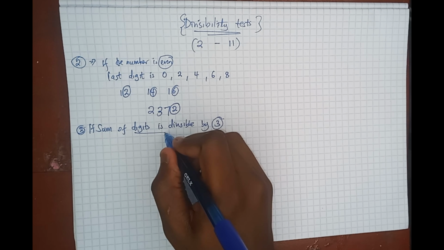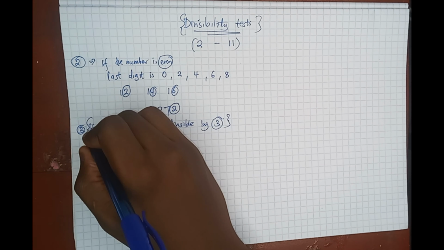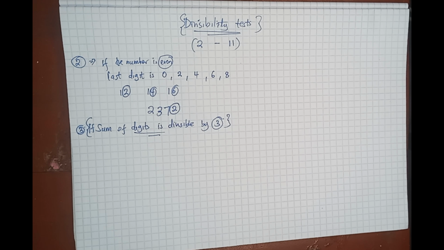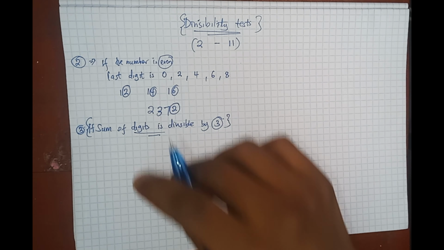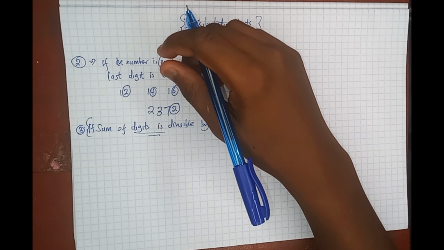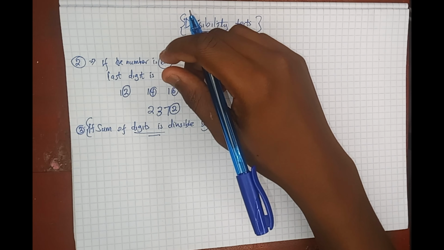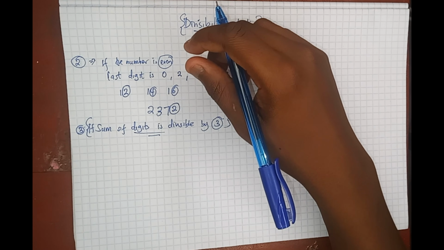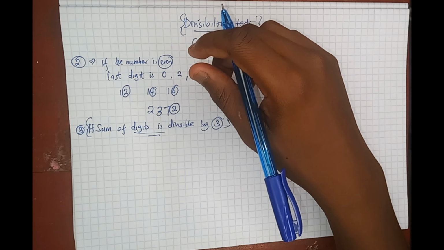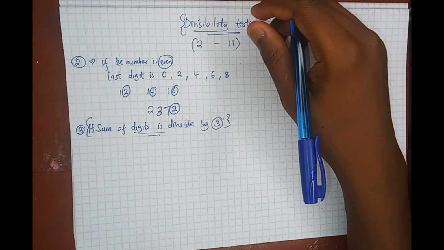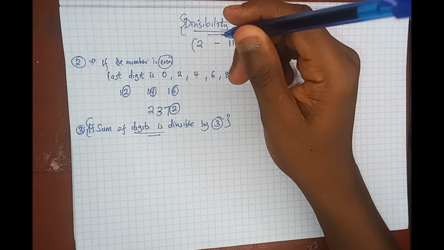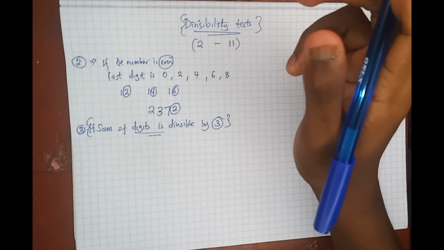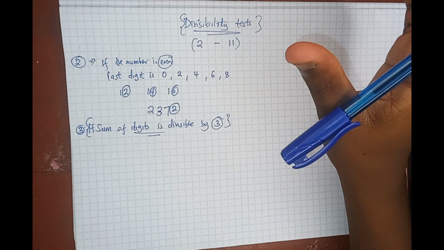So for you to implement this, you must know the tables of 3 at least up to something like 15: 3, 6, 9, 12, 15, 18, 21, 24, 27, 30, 33, 36, 39, 42, 45. So if you know them by heart, obviously you will not get numbers whose sum exceeds 45.